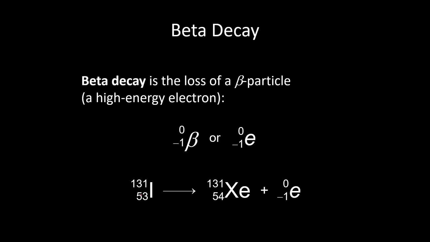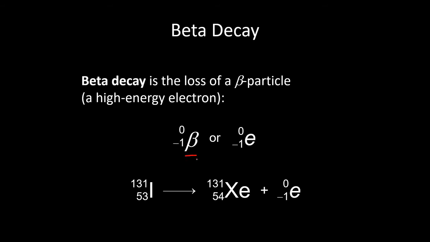A neutron spits out a very high energy electron, and because the neutron, which was neutrally charged, loses negative charge, it becomes positively charged. So we actually have a neutron turning into a proton.